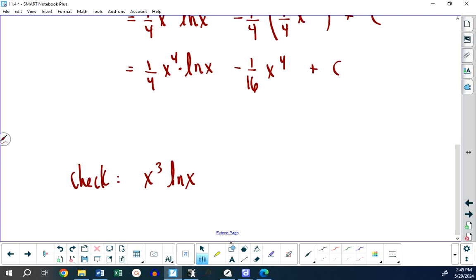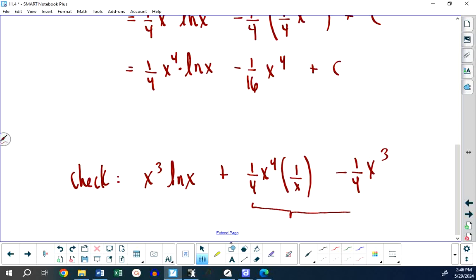Plus the first, which is 1/4 x to the 4, times the derivative of the second, which is 1 over x. So derivative of the first times the second, plus first times derivative of the second, minus the derivative of this, which is 1/4 x cubed. You have x cubed over 4 minus x cubed over 4, which is gone.